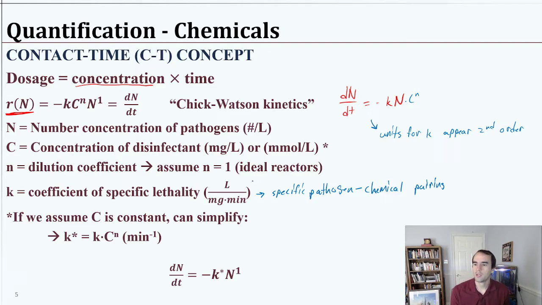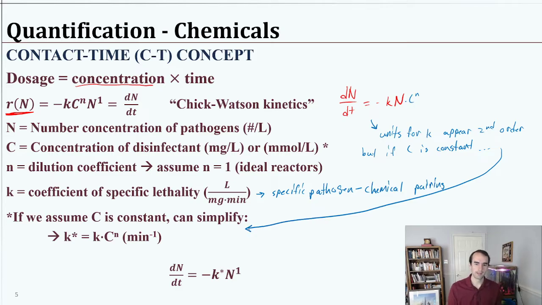However, if we assume that our concentration C is constant, then we end up having a first order system, and we can actually simplify and say that, well, let's use K star to mean K times C to the N power, and that's going to be in per time units, for example, per minutes.